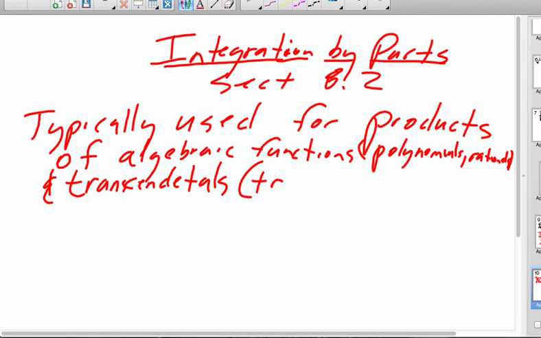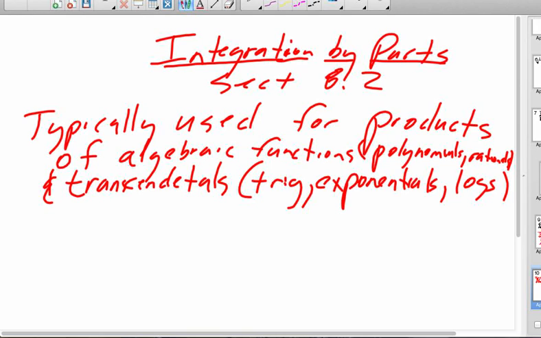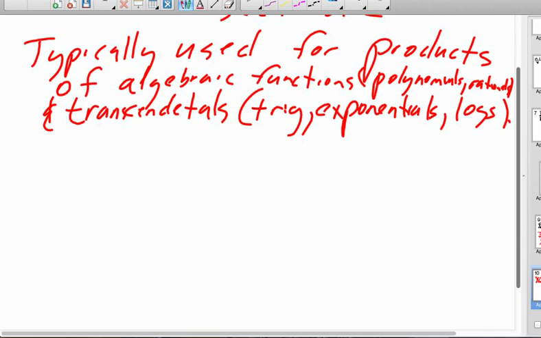So things like your trig functions, exponentials, and logs. And these are the typical applications of these things. They are used for some other things, but this is the majority of their workload.